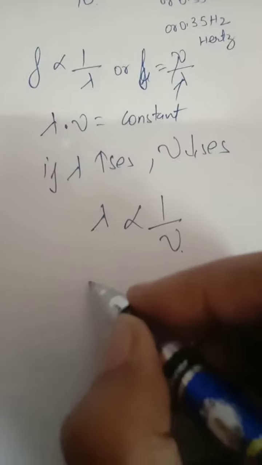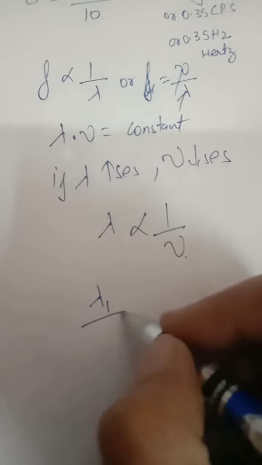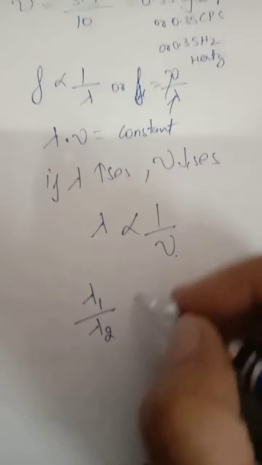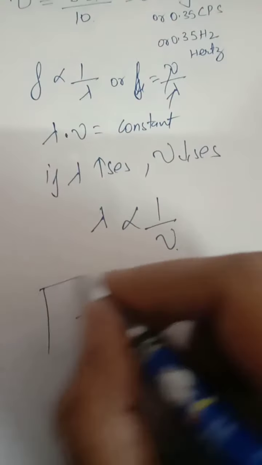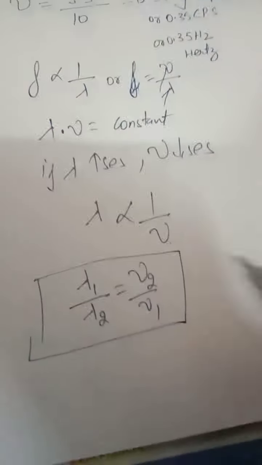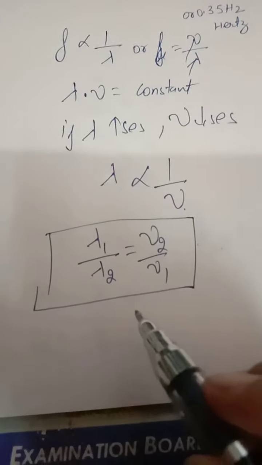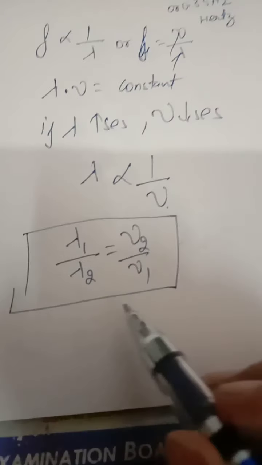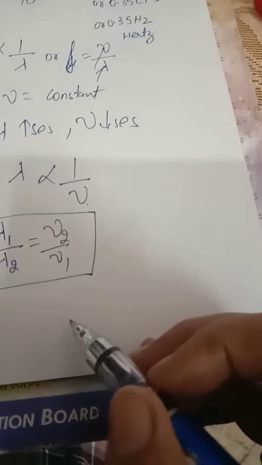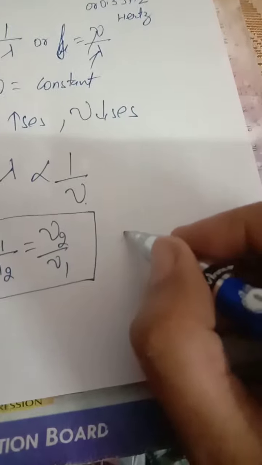If we have two waves, we can represent it as lambda 1 over lambda 2 is equal to nu 2 over nu 1. We can represent its relationship this way also. Whenever we have two quantities whose product is constant, they will always give a graph in the form of a rectangular hyperbola.